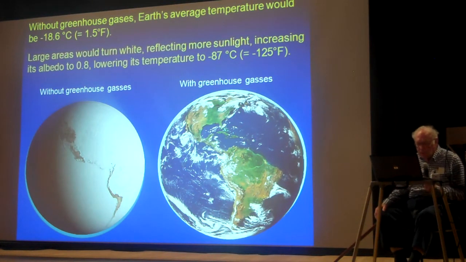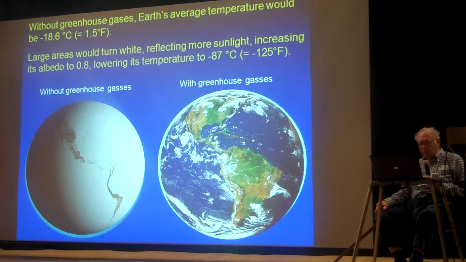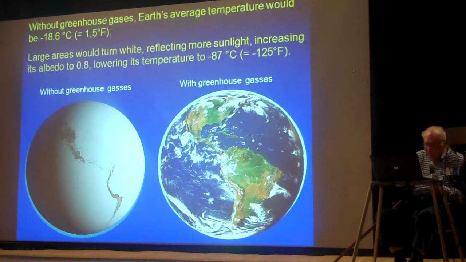And that would cause the temperature to drop to minus 87 Celsius or minus 125 degrees Fahrenheit. And this did happen at least 3 times around 600 million years ago. But then, it's never happened since then, and that's because life forms have developed since then that prevent this from happening.